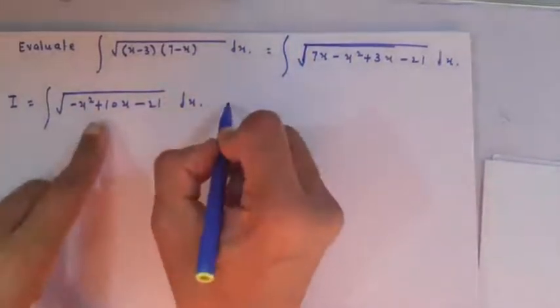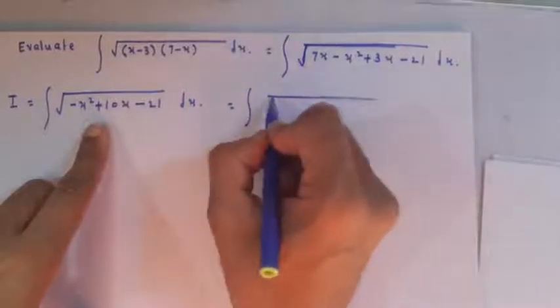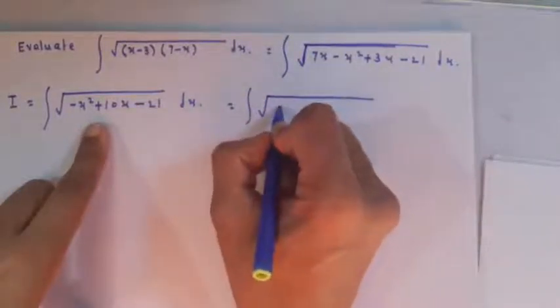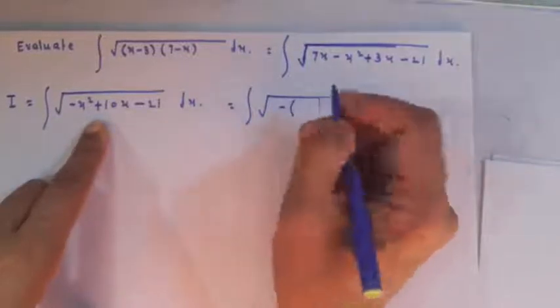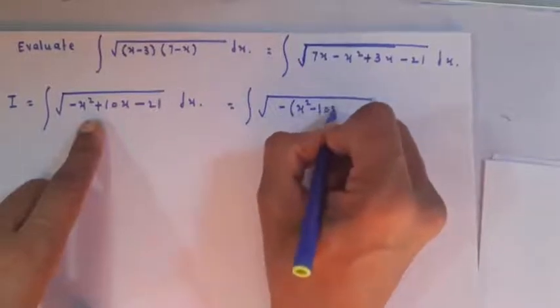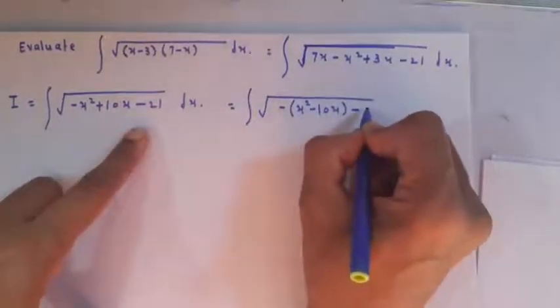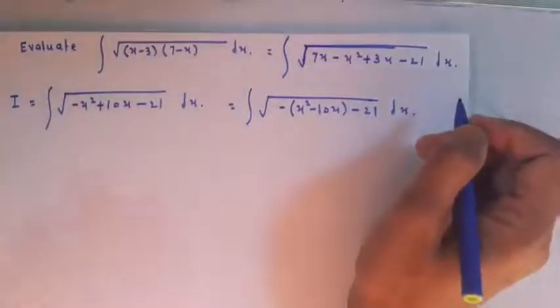So we can write here square root of minus outside the bracket, and this is x square minus 10x minus 21 with respect to x.